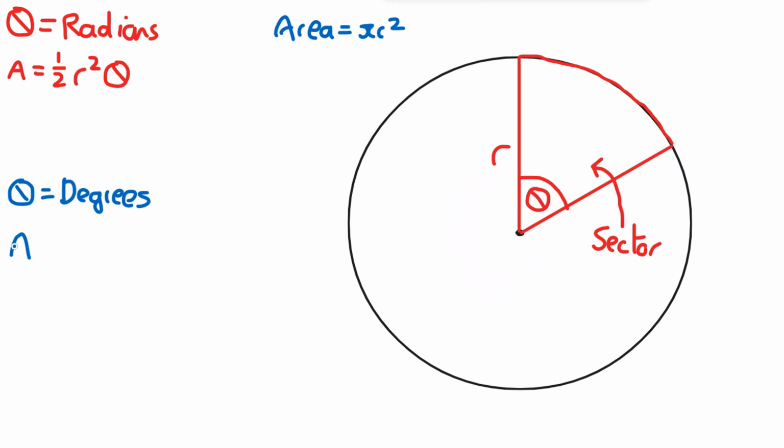As we consider the entire circle to have an angle of 360 degrees, and we're only interested in the theta section, it would be theta over 360 multiplied by the area of the circle. This is the same as what we did for the arc length as well. And because this formula is so much simpler, we never worry about this.